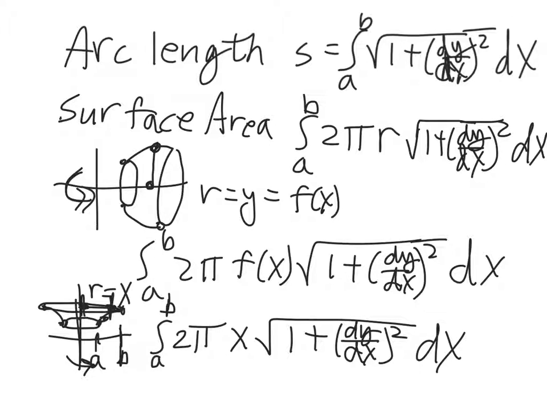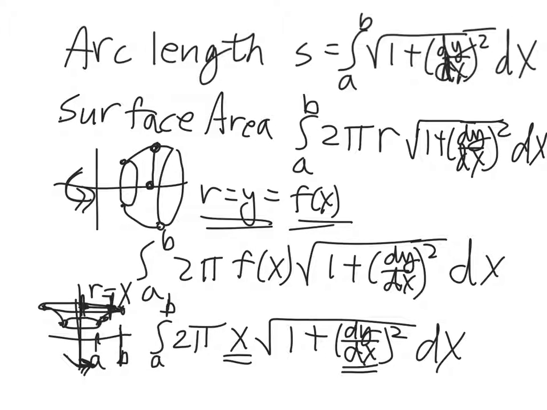Either the radius is going to be y, which would be the function that we're graphing, or the radius, in this case, is just the value x. The only place where the curve, where y equals f of x, is going to show up is in the ds part when we take the derivative.